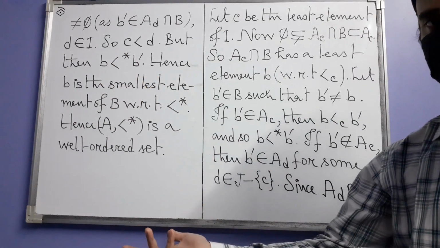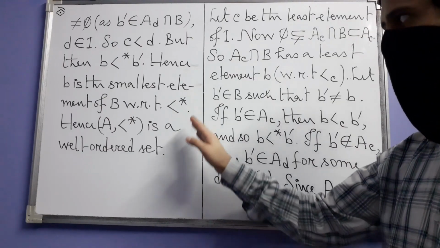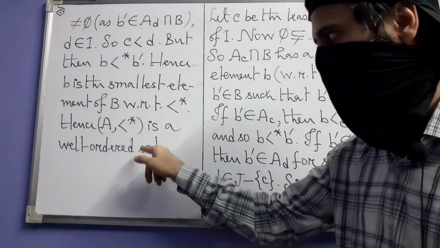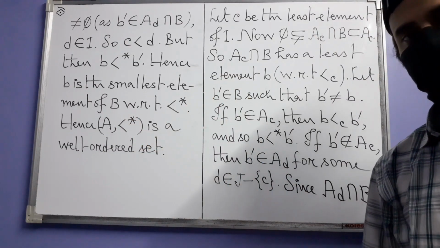So in this case also, b is the smallest element of capital B with respect to this relation. And that is why this is a well ordered set, and that completes the solution.